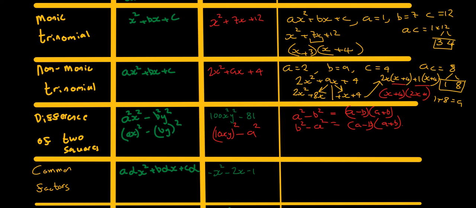Sometimes though we can have something like 7a squared minus 7b squared. And you say, well hang on, 7 isn't a square number, but we can factor the 7 out, which gives us... okay, let's carry on with our factorization.